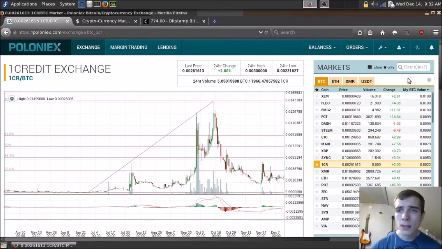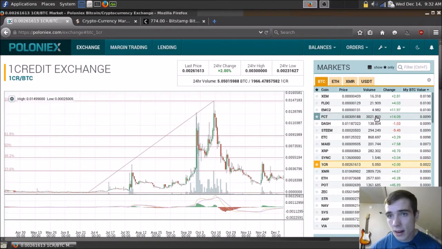It's also pretty useful because I like to invest even numbers into coins. So like you can see over here on the right with Folding Coin and EMC2, you can see that I have exactly 0.0100 Bitcoin value, and that's exactly what I invested.